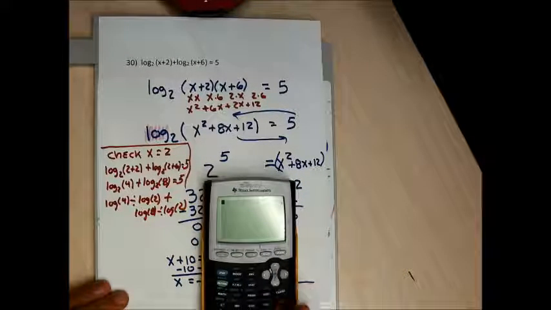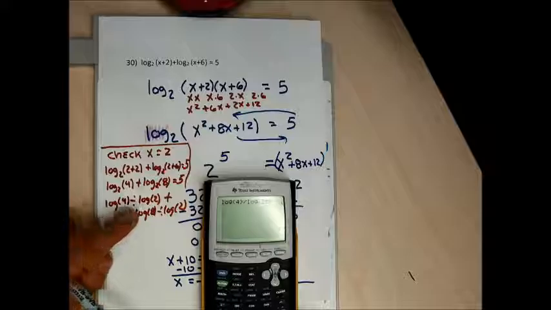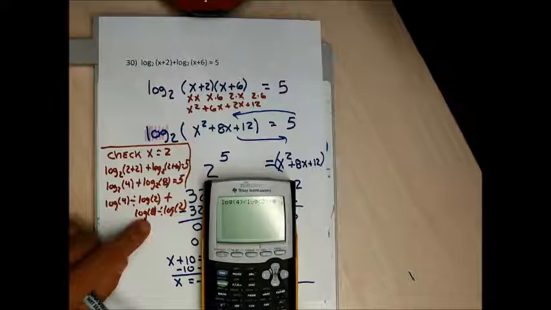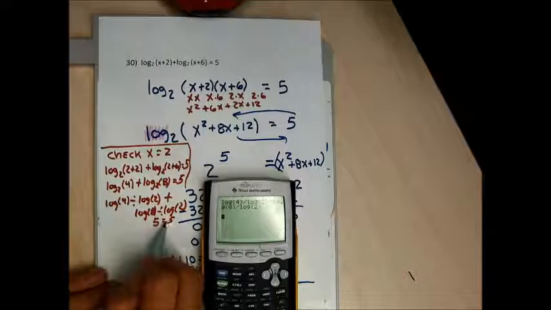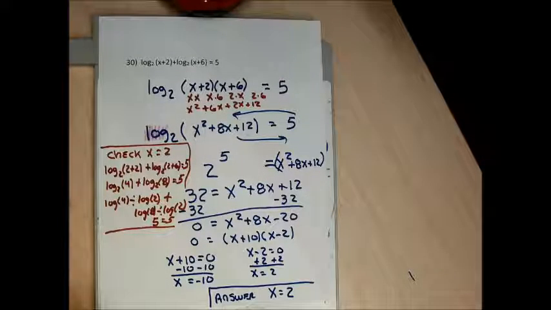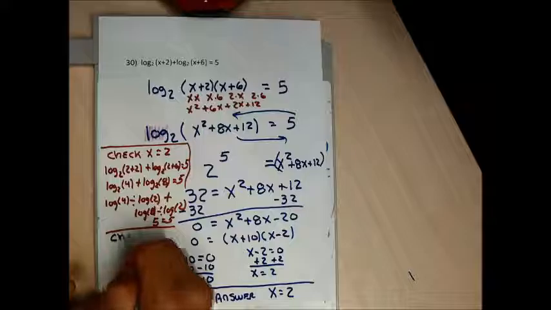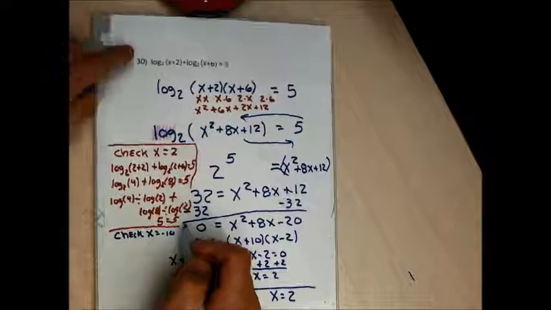So on my calculator now, log of 4 divided by log of 2 plus log of 8 divided by log of 2, and it gives me the 5 that the right-hand side already has. So I knew 2 was going to check, and I also know that negative 10 is not going to check. When I go to check x equal to negative 10, I'll do it up here.